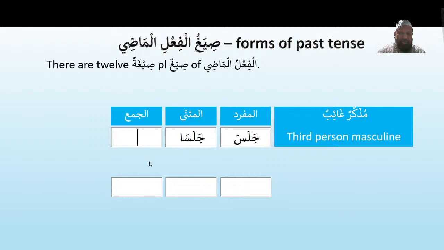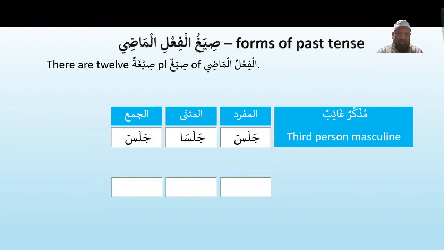Now next one is الجمع مذكر غائب. Third person masculine plural. So let's take the default which is جلس. How do we make الماضي جمع? We need to add واو الجماعة.